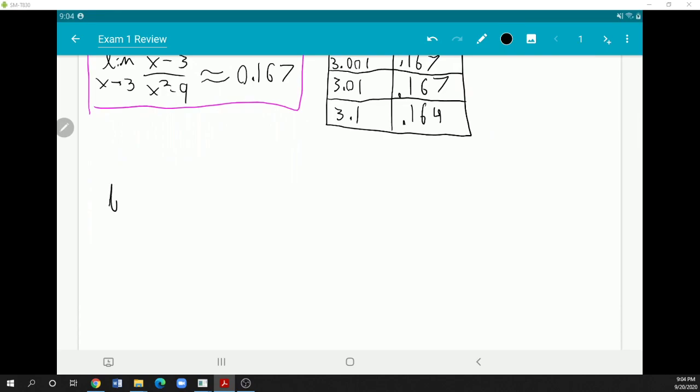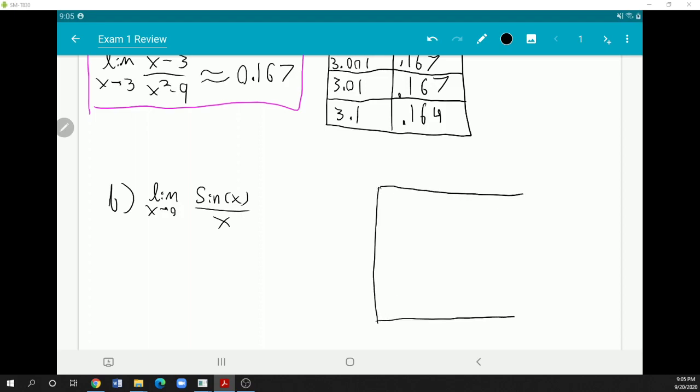For part B, it's asking us to do the same thing, but for the limit as x goes to 0 of sine of x over x. So let's see. Same idea. Break out a little grid like this.